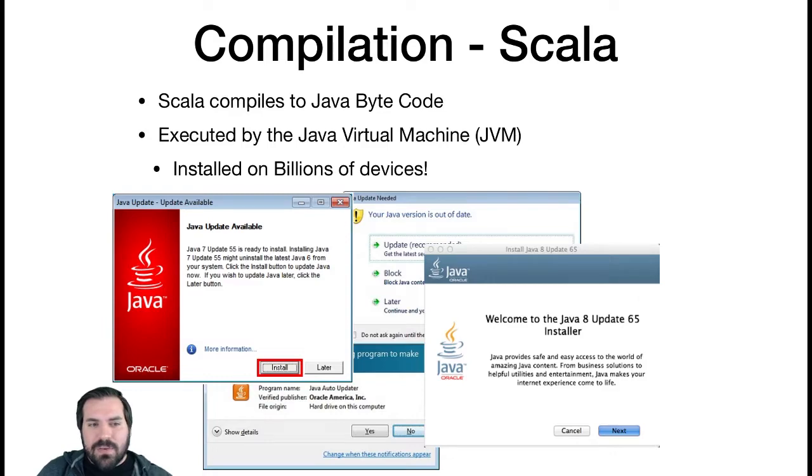That's the Java Virtual Machine, which is the software that interprets Java bytecode. This is the same code that, of course, Java code compiles to. Java compiles to Java bytecode. Scala compiles to Java bytecode. So if you have a Java program or a Scala program, after it's compiled, those two programs are effectively the same. They both run on the JVM.